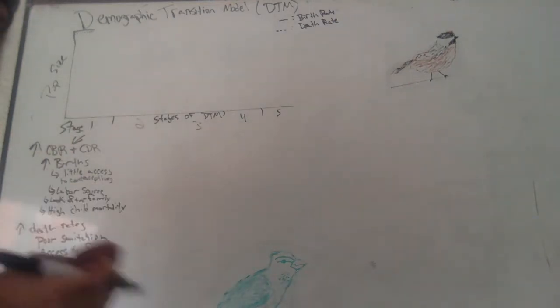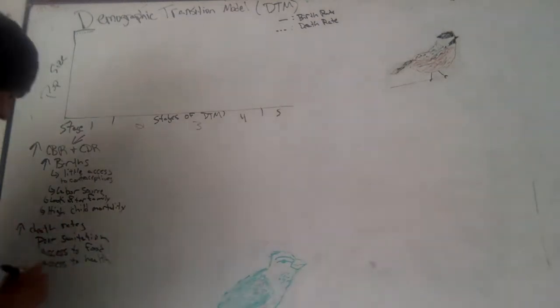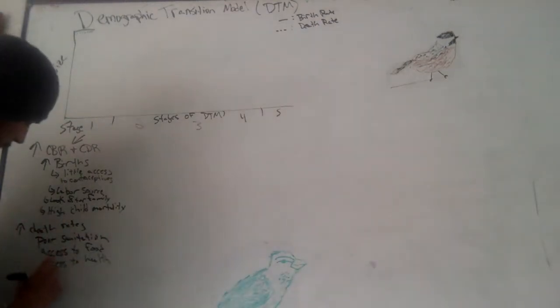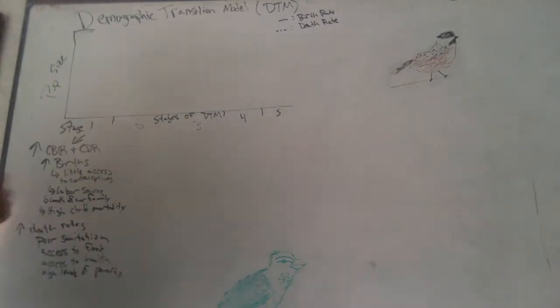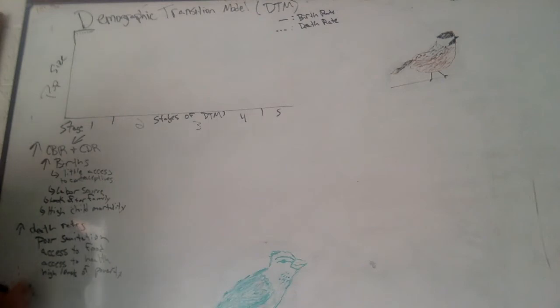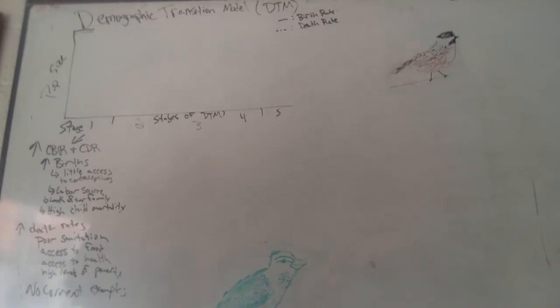There might be really extensive poverty. Etc. And then as far as examples, there's not really any current examples. Most countries have moved out of this stage as the entire world has sort of developed.